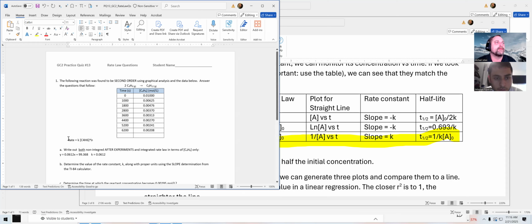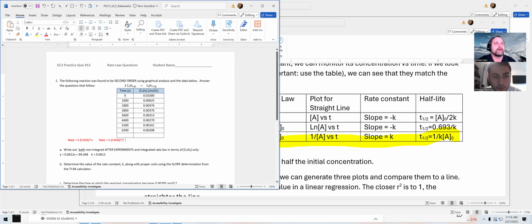So that was before we did any experiment. Then they said after the experiments, they told us that was going to be to the second power.